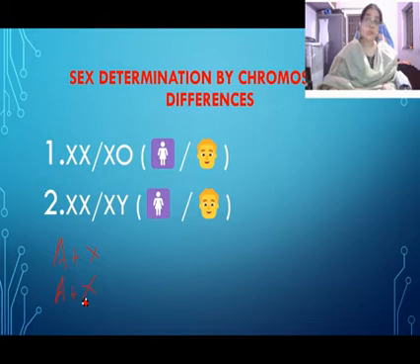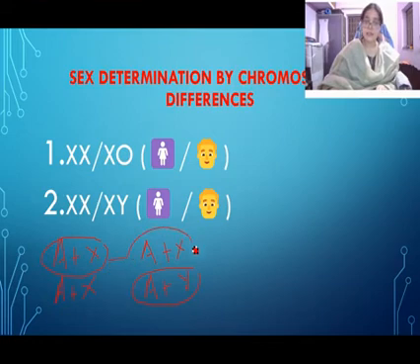Both these principles work here in meiosis and formation of sperm and ovum during spermatogenesis and oogenesis. Whereas for males it will be A plus X and another will be A plus Y. So if fertilization occurs between this ovum and this sperm, the offspring will be male. But if fertilization occurs with this ovum and this sperm, the offspring will be female.